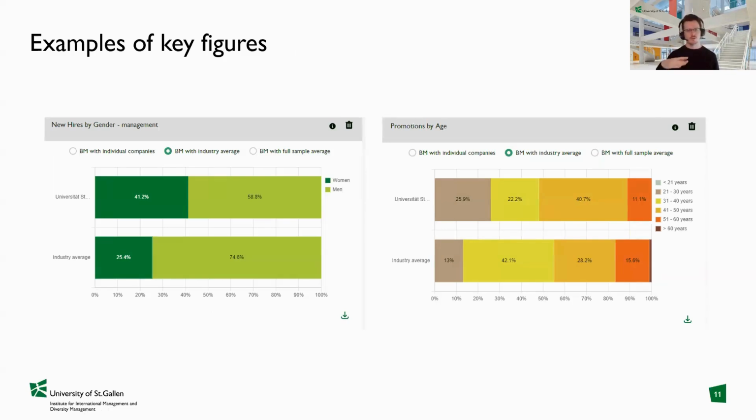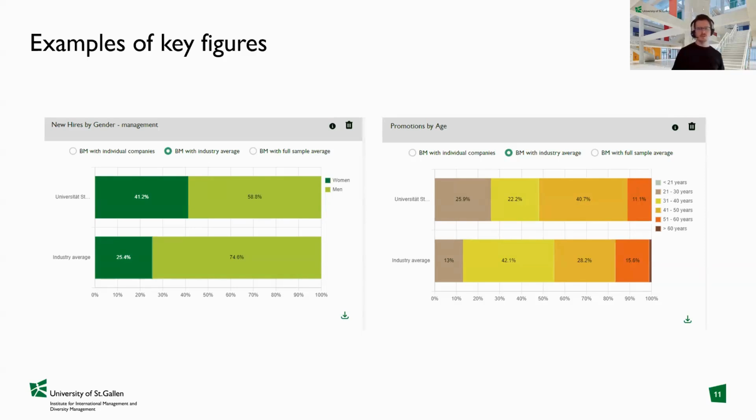And on the bottom bar, you can see the industry average as comparison. Here you can easily see that our example company was able to hire more women into management positions compared to the industry average.